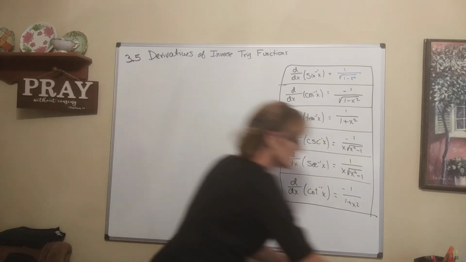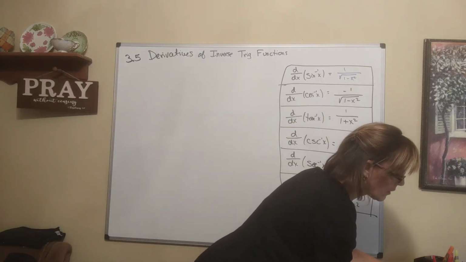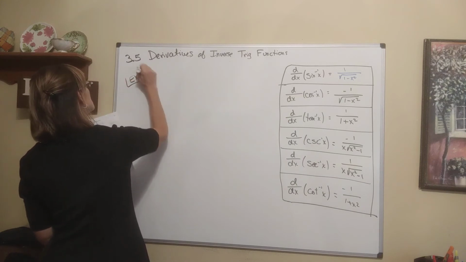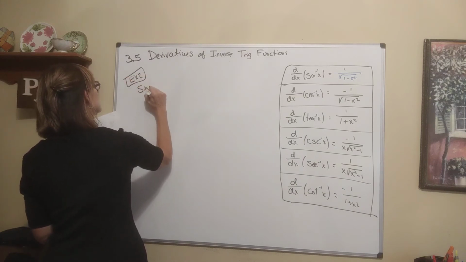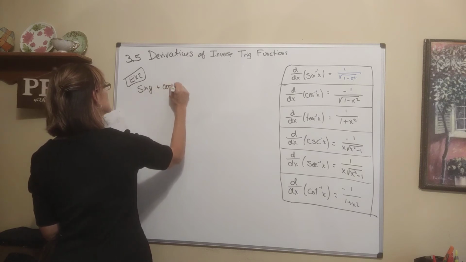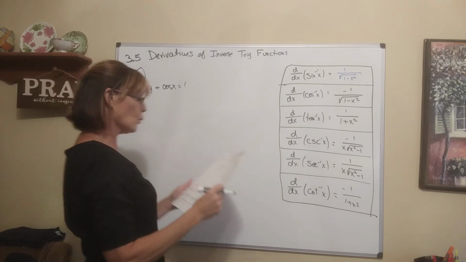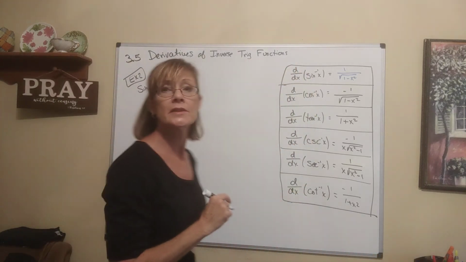Example 2, the sine of y plus the cosine of x is 1. All right, so we need to find y double prime. That's our job. Second derivative.